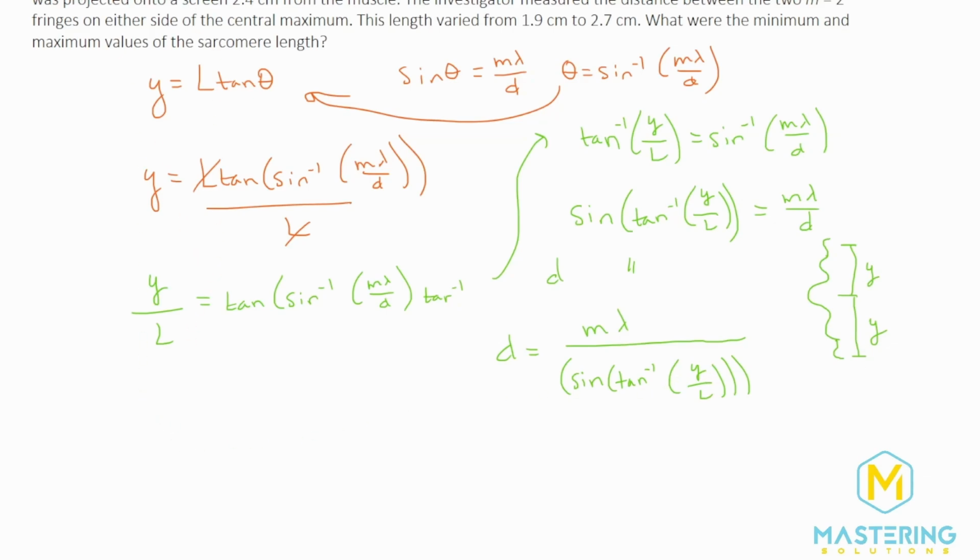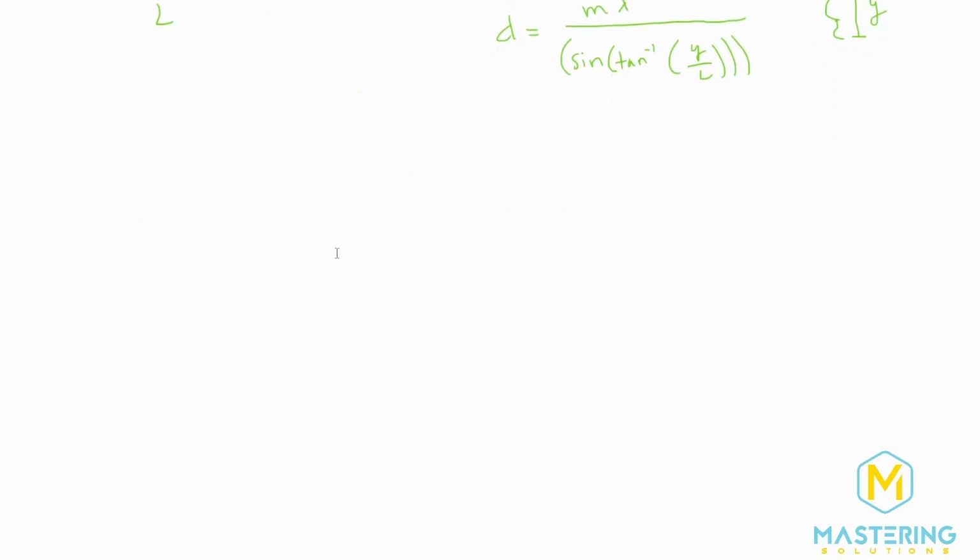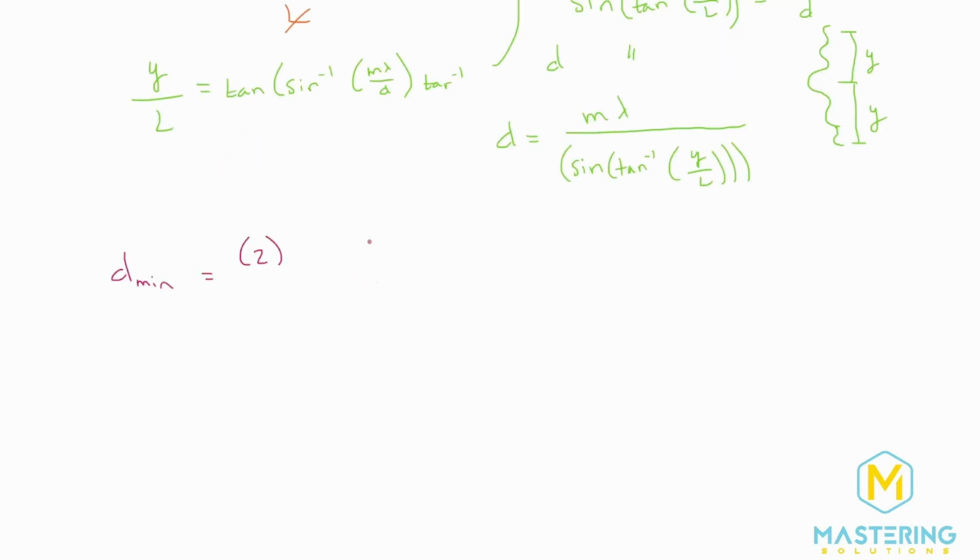So let's give us some more room and let's do these ones. So let's start with the minimum. So d min is going to be m is 2. So we can see our equation. Okay, so m is 2. And then they say that the wavelength that we're using is 632 nanometers. And then we're going to divide all that by sine times the inverse tangent.